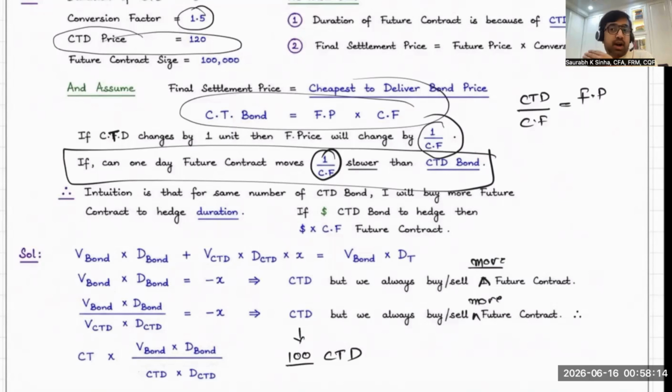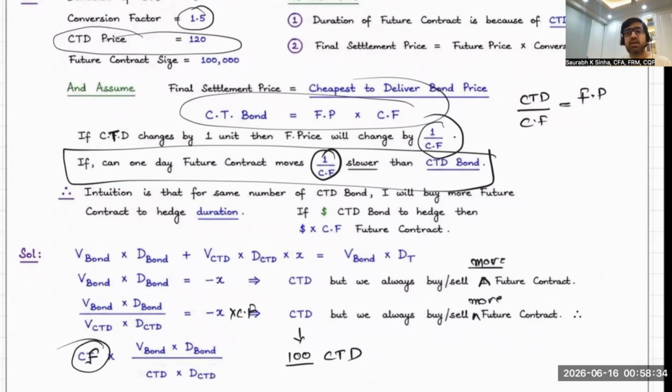Because the futures contract moves slower than the cheapest to deliver bond, you have to always buy more futures contracts.